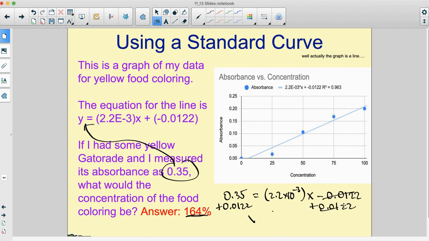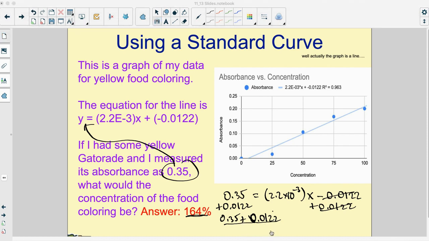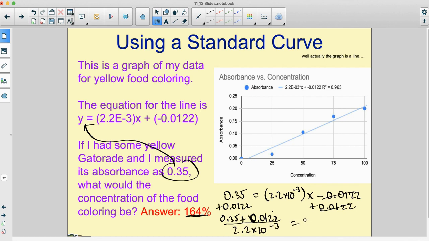So we would have 0.35 plus 0.0122 divided by 2.2 times 10 to the minus 3, and that gives us x, which is our concentration. And that comes out to 164%.